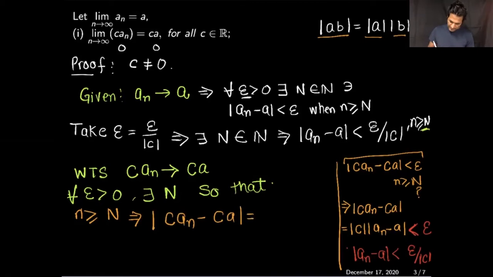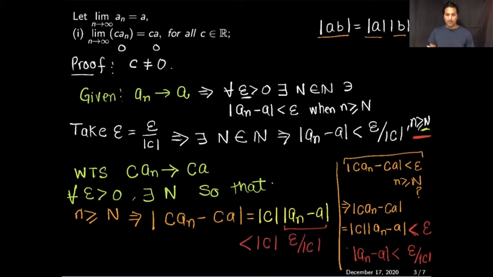But as you can see, this term can be written as C times the absolute value of an minus a. But we already have here that when n is bigger than this capital N, this quantity is less than epsilon over the absolute value of C. So this implies this is less than absolute value of C times epsilon divided by absolute value of C. The absolute value will cancel out and I will get epsilon.